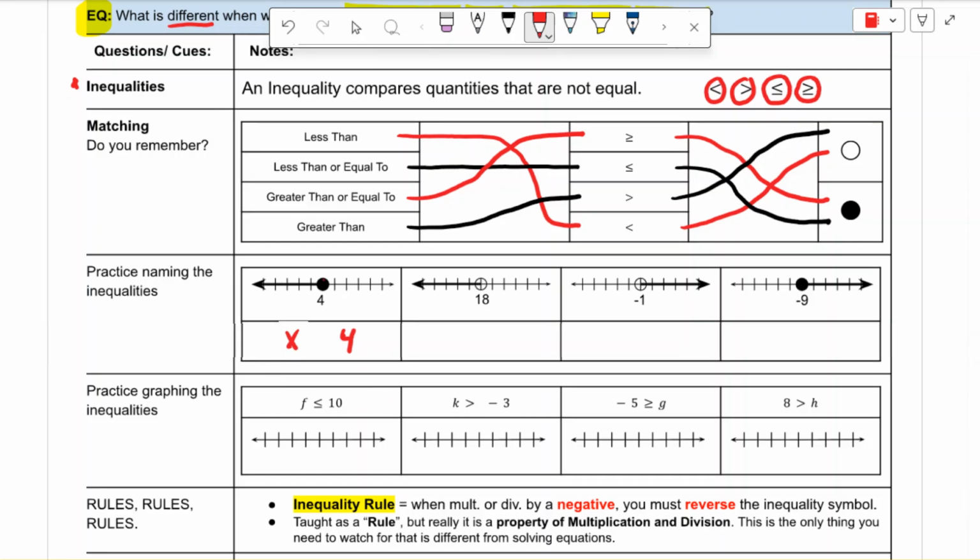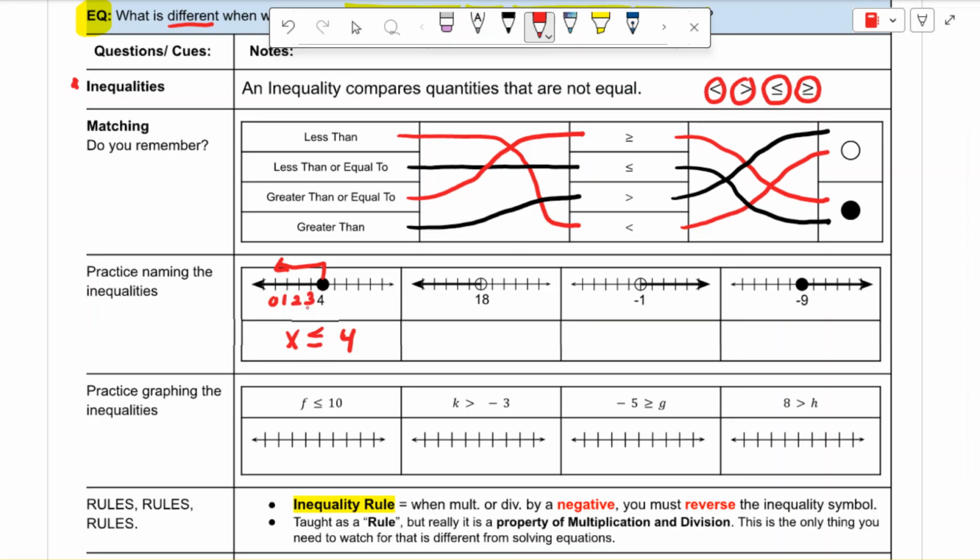And then it is a closed point, so that is or equal to, and the arrow is going to the left. And so that is less than, like 3 and 2 and 1 and 0 and so on. So x is less than or equal to, because it is closed, 4.